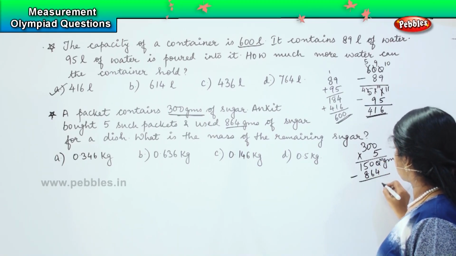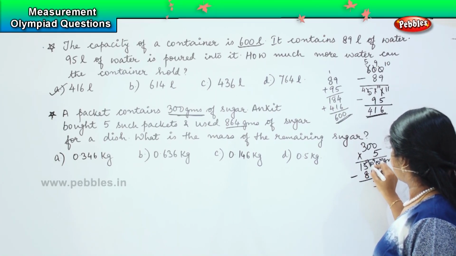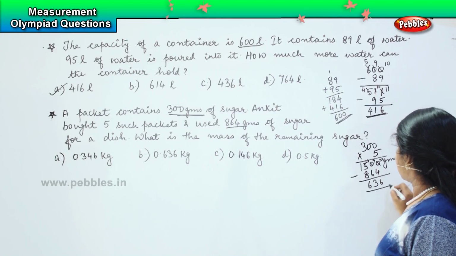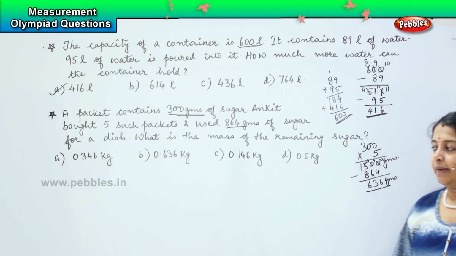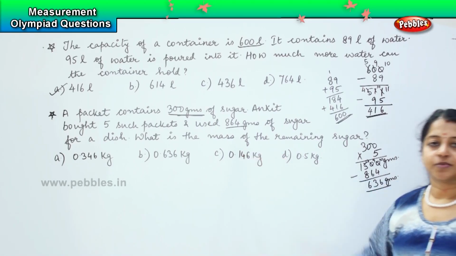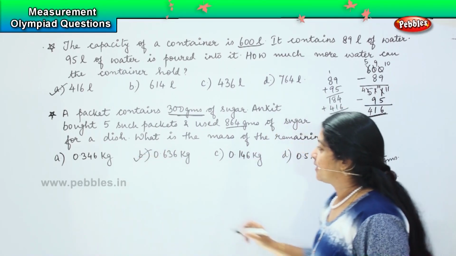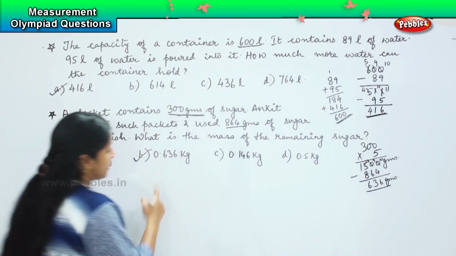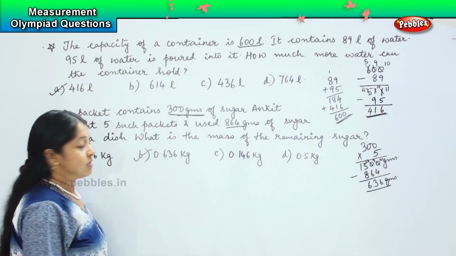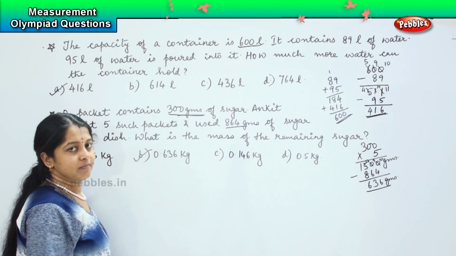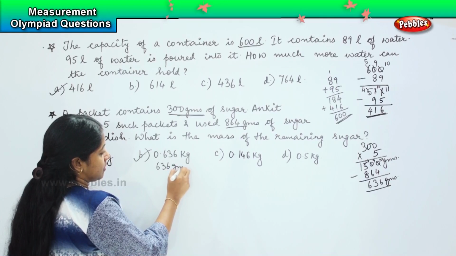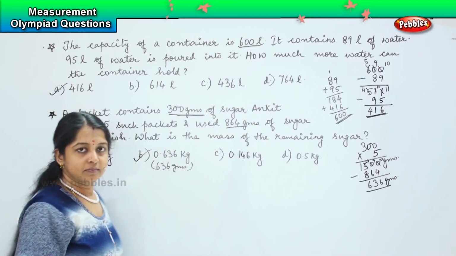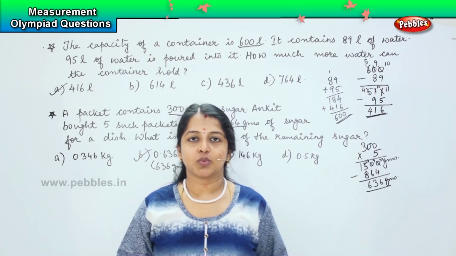So 10 minus 4 is 6, 9 minus 6 is 3, 14 minus 8 is 6. So 636 grams of sugar remains with him. That is option B. So 636 grams can also be written as 0.636 kg, or you can write it as 636 grams. Clear? Shall we move to the next one?